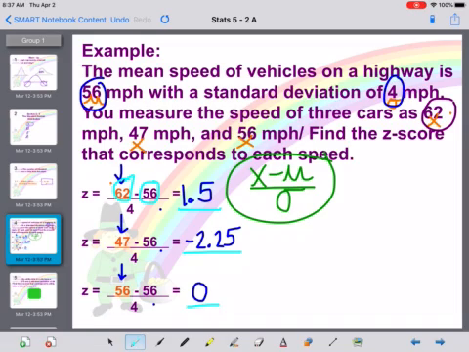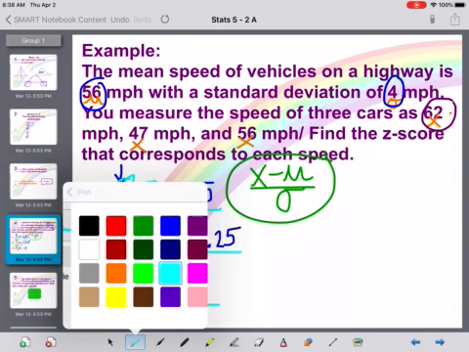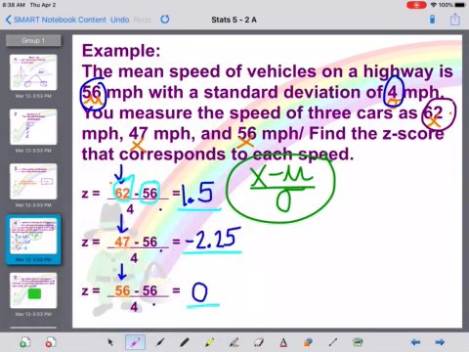Think about what those numbers represented. 62 was your data point, and 56 was the mean. So the fact that they were going faster than the mean, above average speed, means that your z-score came out positive. So not only were they 1.5 standard deviations away from the mean, they were 1.5 standard deviations above the mean.